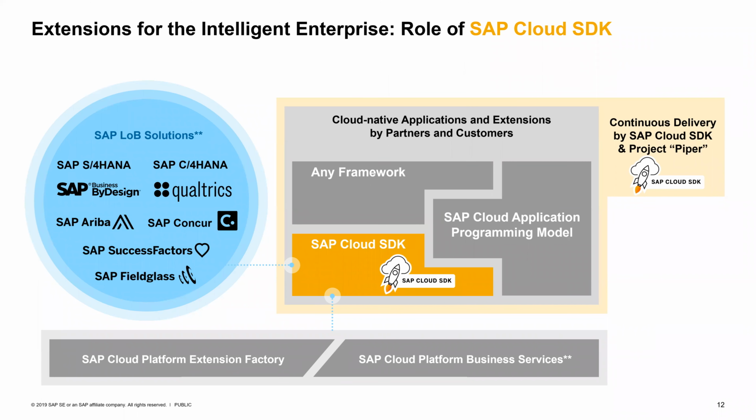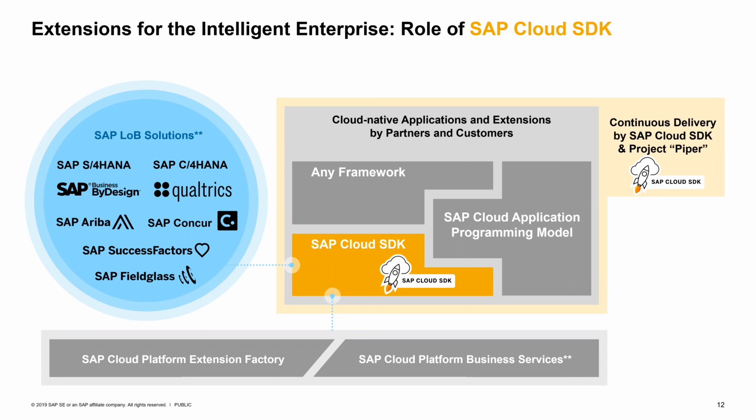You can see in this picture how the SAP Cloud SDK relates to other parts of the SAP ecosystem. The Cloud SDK makes it easy to communicate with SAP LOB solutions such as S4HANA. This is where we originally come from.